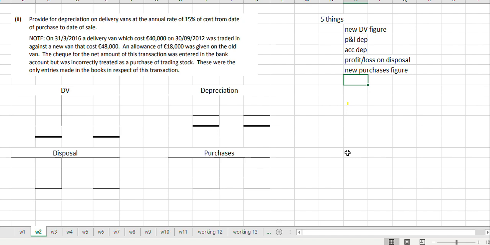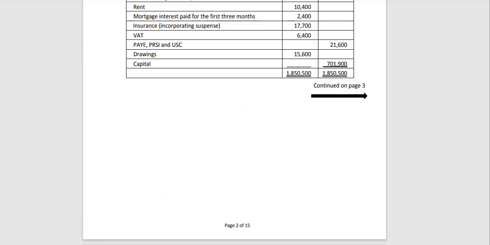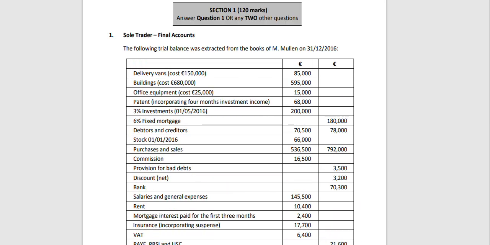So first of all, we start with the opening balances of what we know. If we go to the question, the trial balance, I am looking for, up here, we have delivery vans that cost 150,000 and a trial balance figure of 85,000. So that tells me cost 150, I'm going to put that in.